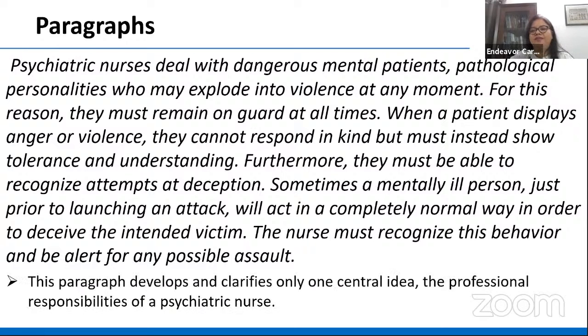Here is a paragraph that revolves around this one idea. What is the idea? The kind of challenge that they face in their work, and therefore how important it is for them to be careful in their professional duties.